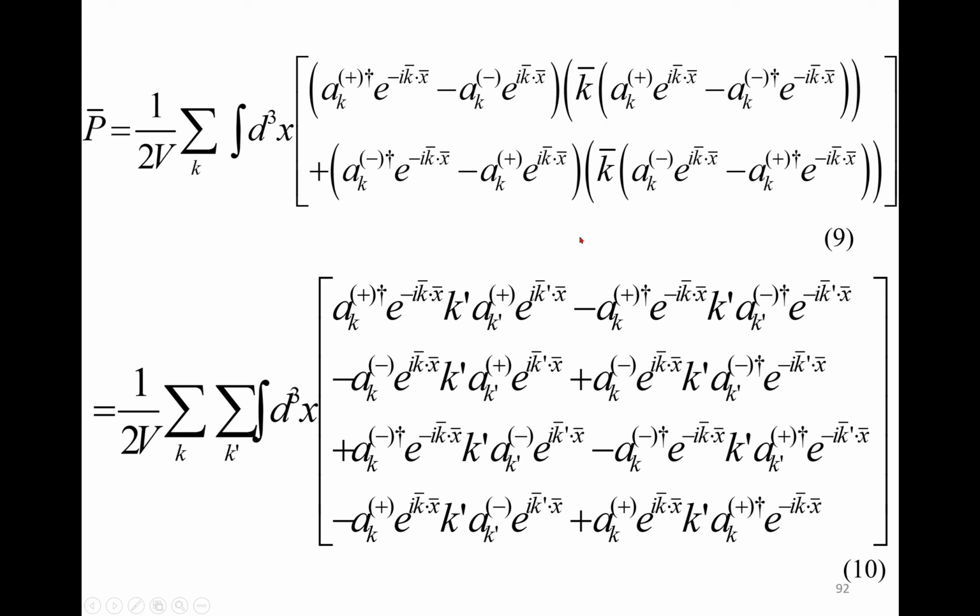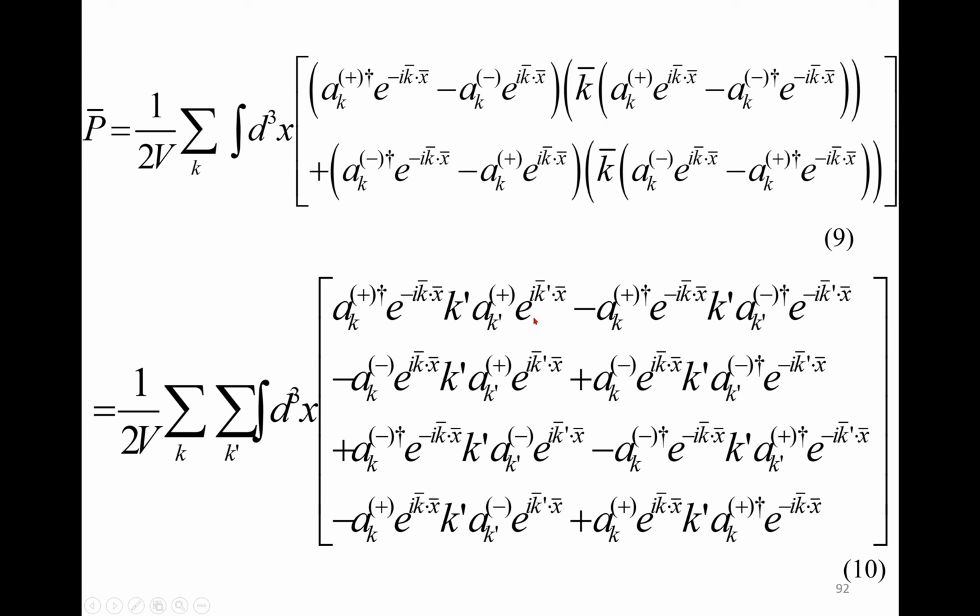So k prime plus e power ikx. So this is our first term. The first term with the second term will give us minus sign a_k plus dagger e power minus ikx, then you have k prime a_k minus dagger e power minus ik prime x.